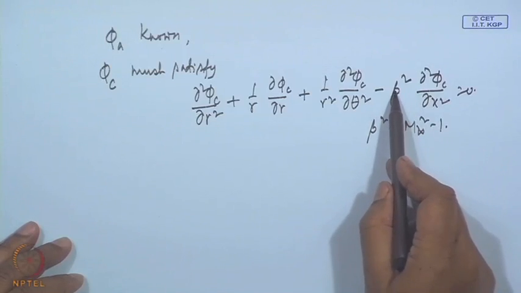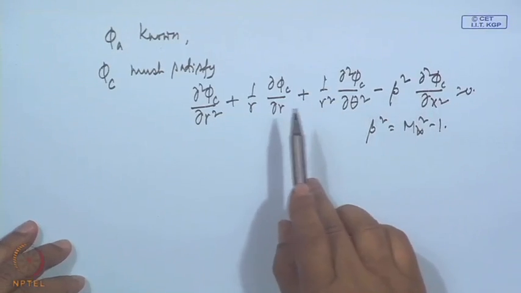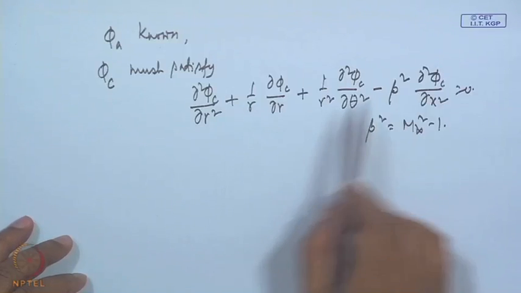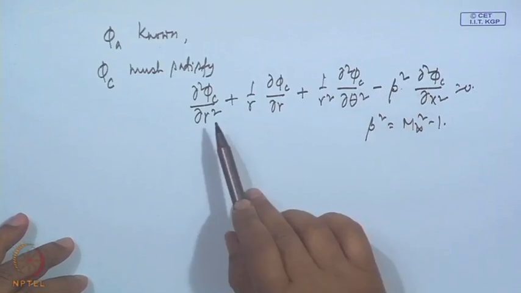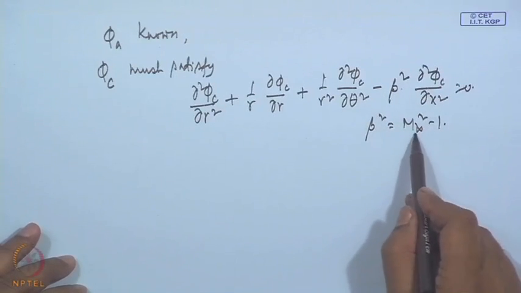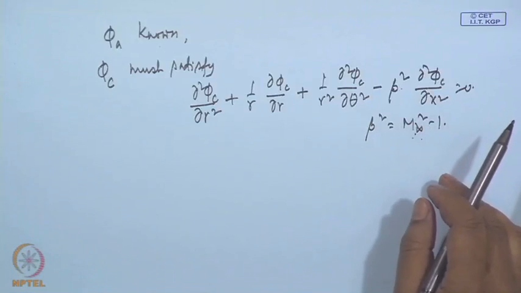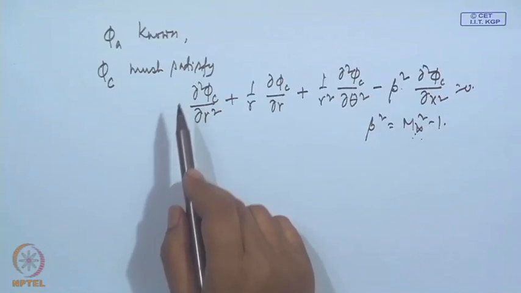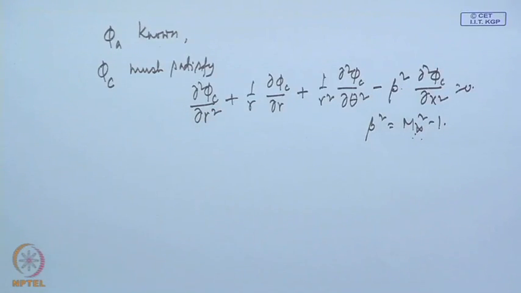That is, even though the stream speed is u c, the Mach number is not corresponding to u c, but corresponding to m infinity. So, this phi c must satisfy this equation.